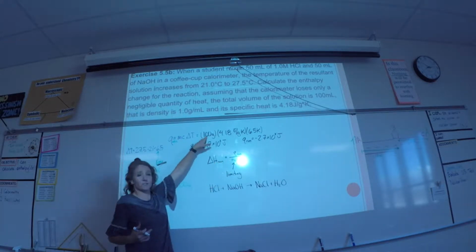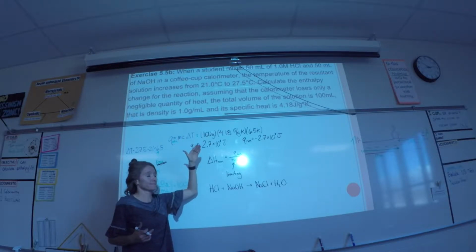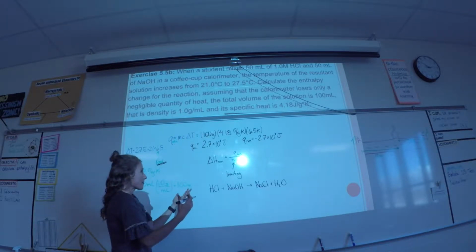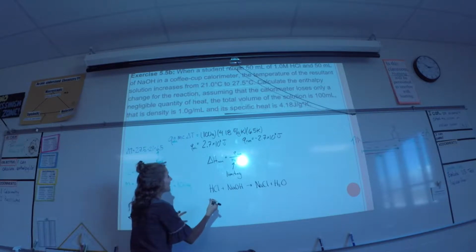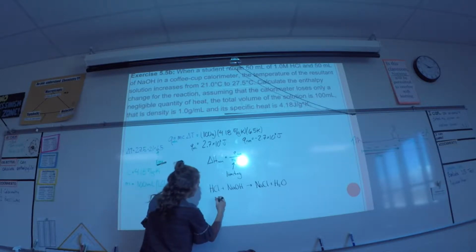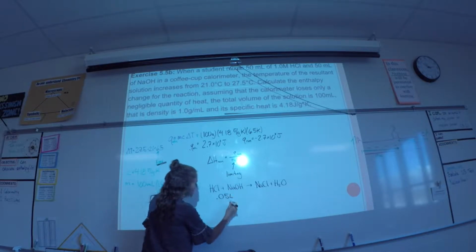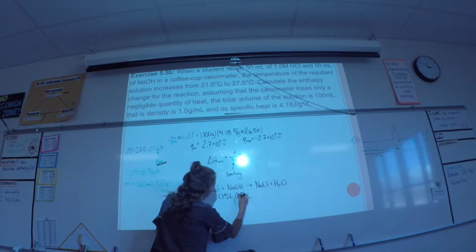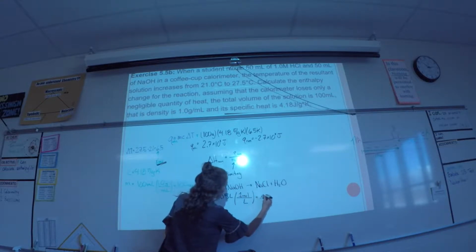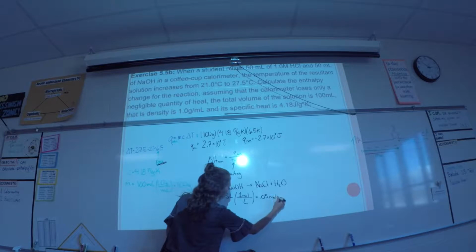When we did the mass earlier, that was the total mass. To find the limiting moles, since we have molarity and volume, we can convert our volume into liters, so 50 milliliters would be 0.05 liters, which times the molarity of 1 gives 0.05 moles.